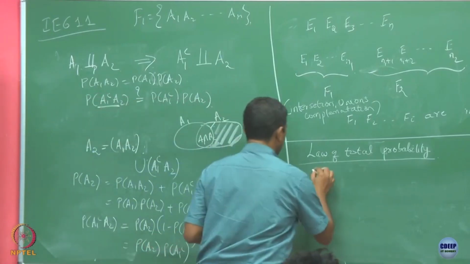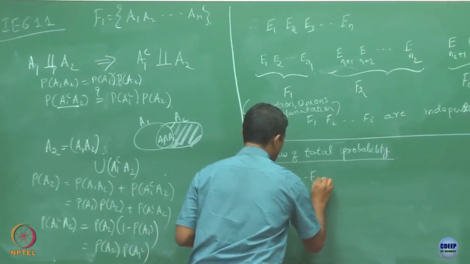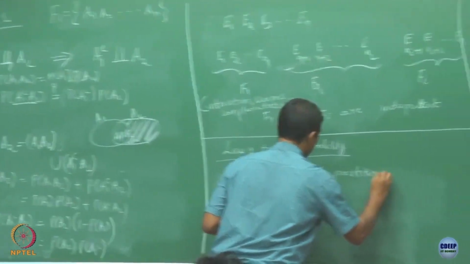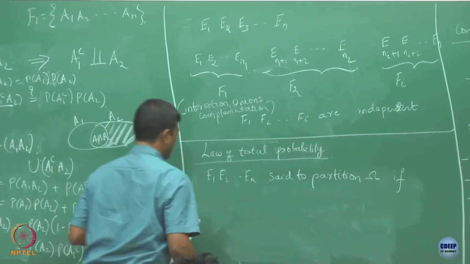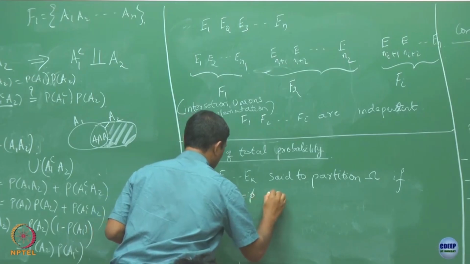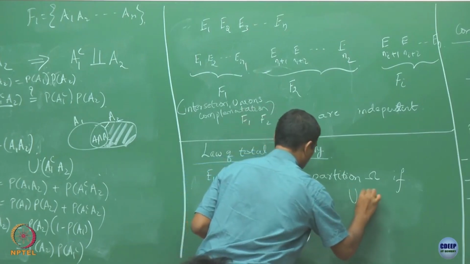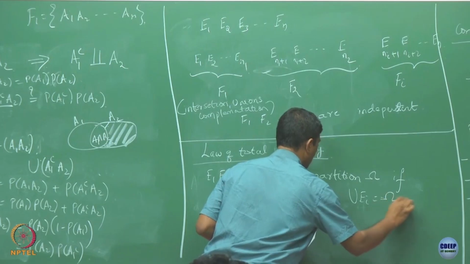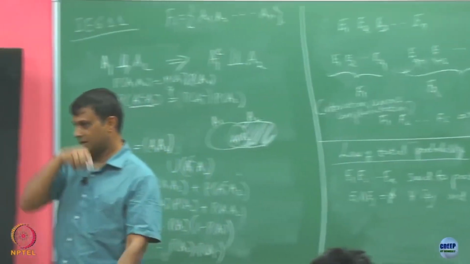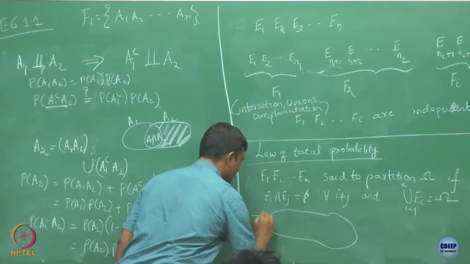So we say E1, E2, up to Ek is said to partition omega if... Basically, let us say this is your sample space omega.